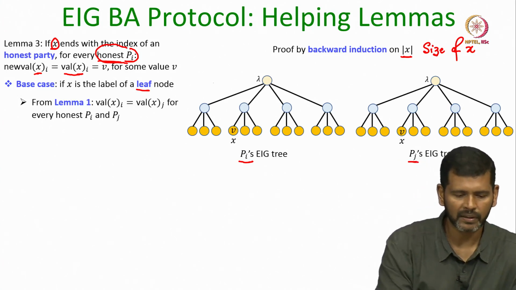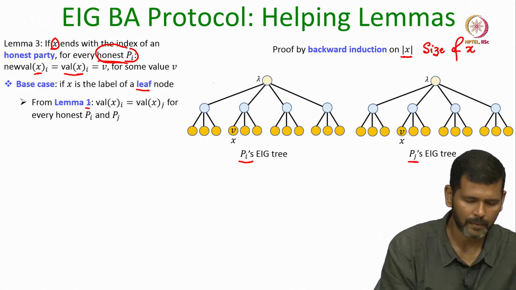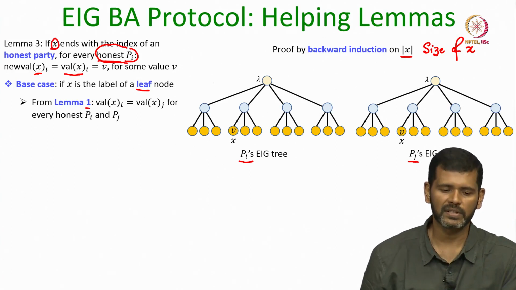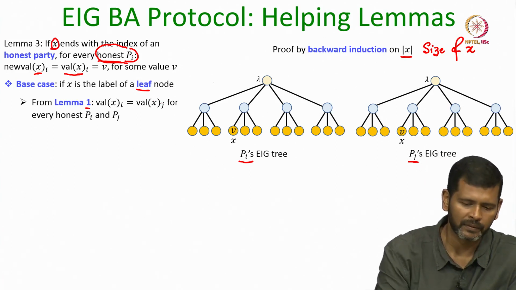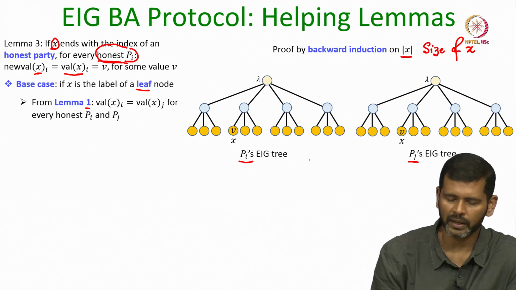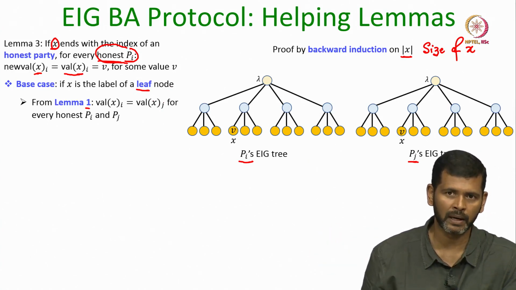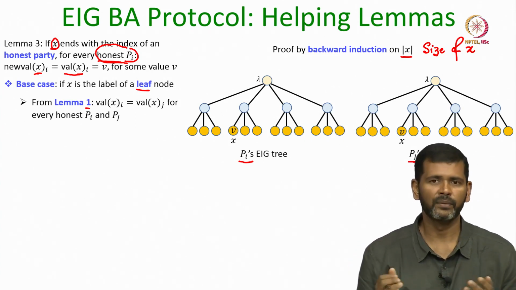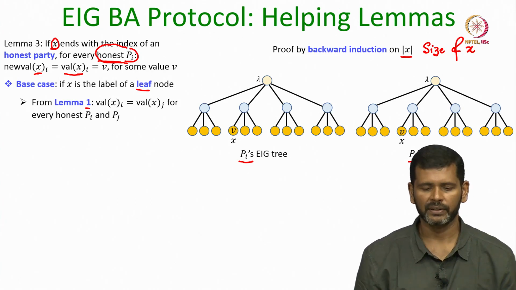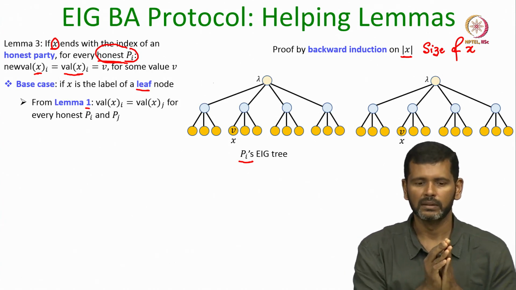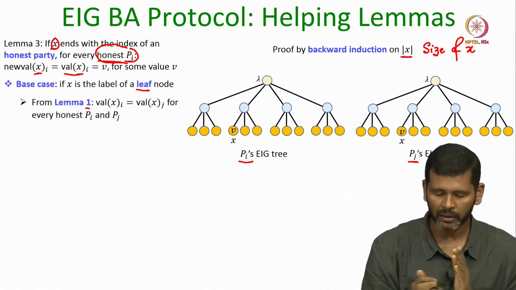So, for that we will trigger lemma number 1 first, and lemma number 1 states that the old value which is assigned to the node x across all the copies of the EIG tree by the respective honest parties is the same. Say a value v is the old value assigned in all the EIG trees.